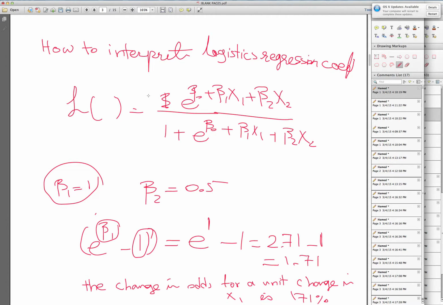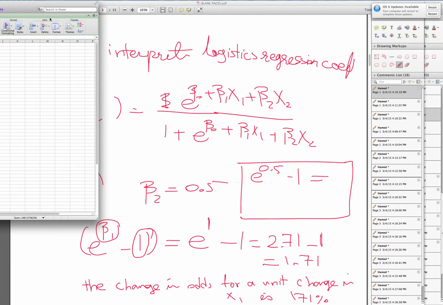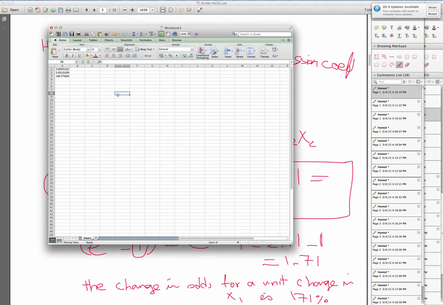Let's do the same thing for x2. For x2, beta 2 was negative 0.15, so exponential of negative 0.15 minus 1 is, let me run it on Excel. Oops, instead of exponential, I wrote EXP.